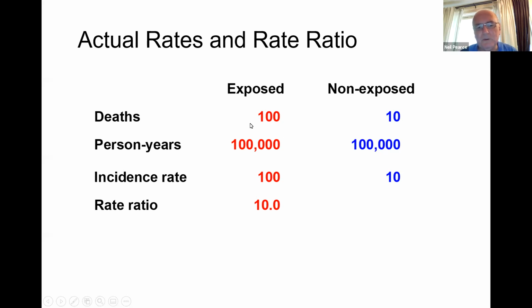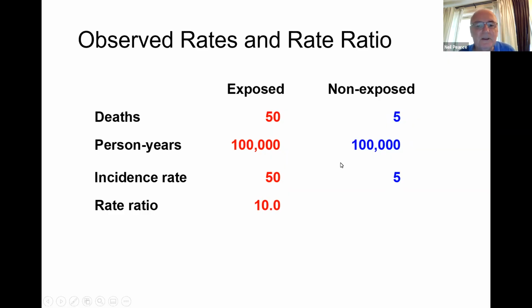Maybe all the death records were held in two large buildings, and one of them burnt down, and they lost all of those, and they only found the records in the other building, and it was essentially at random. Well, there's 100 deaths here, but we'd only find half of them, so we'd find 50. And there's 10 deaths here, but we'd only find half of them, so we'd find 5. So we'd get something like this.